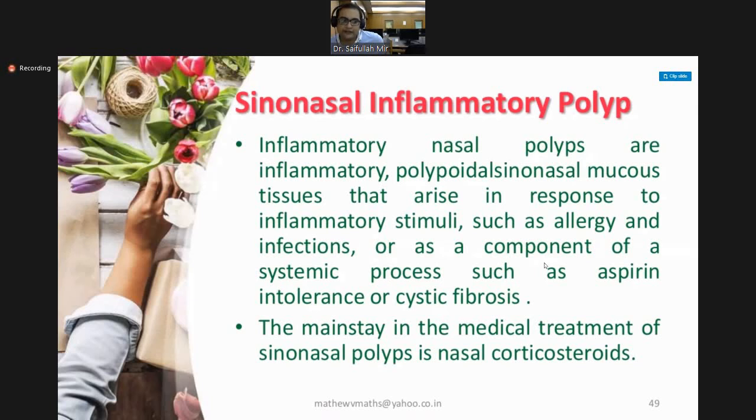So we have an important situation when we talk about sinusitis. It's the Samter's triad, which is aspirin intolerance, decreased mucociliary clearance, and sinusitis.